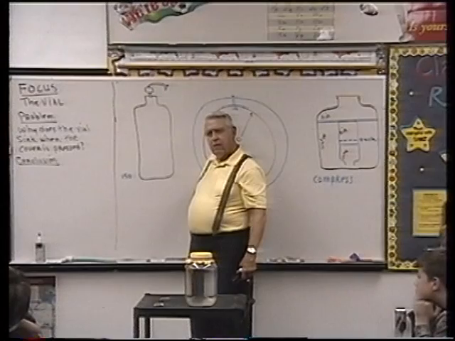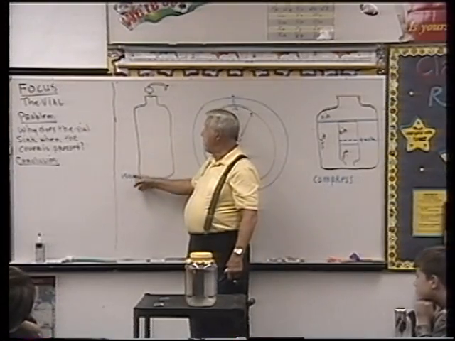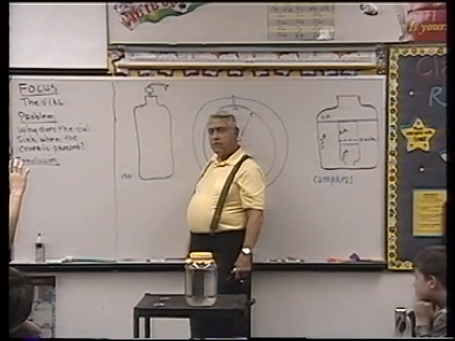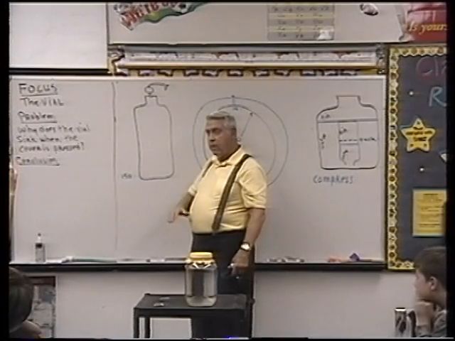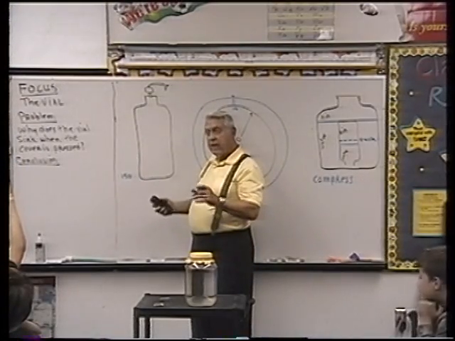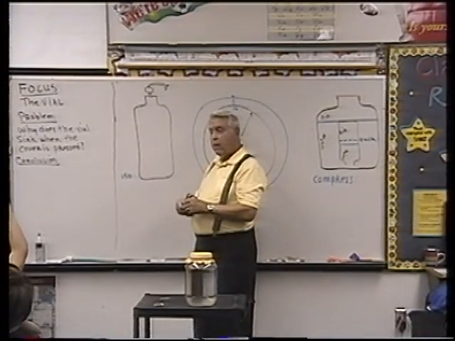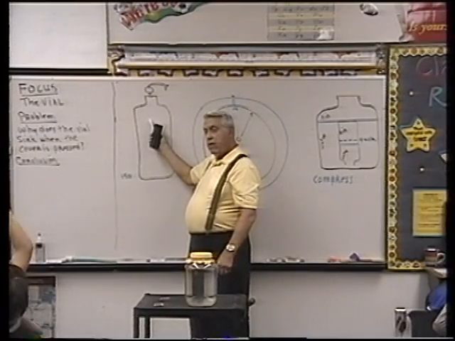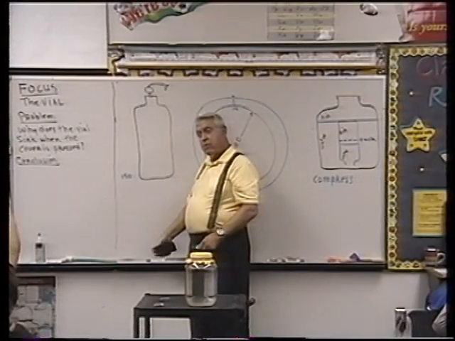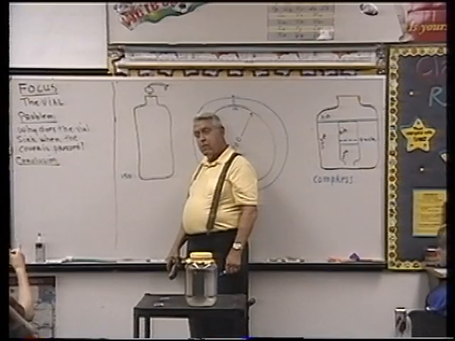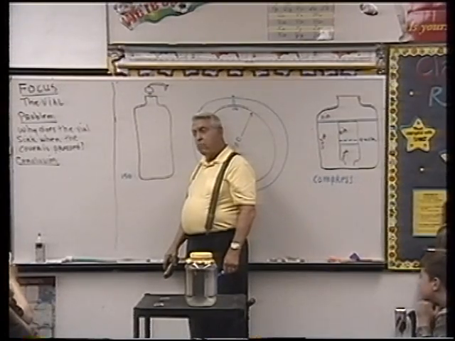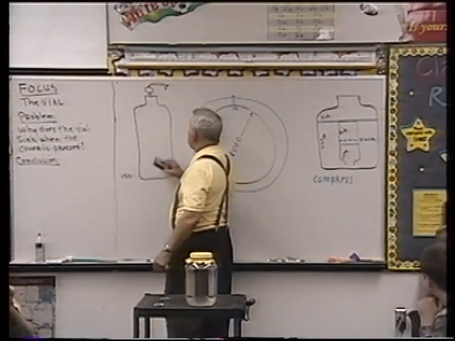If there wasn't a regulator and that air came out with 150 pounds of pressure and you had it in your mouth, it would just burst your lungs. So the regulator keeps it at 15. But this air is under a high pressure. So the regulator is kind of like a filter. In a way. Okay.